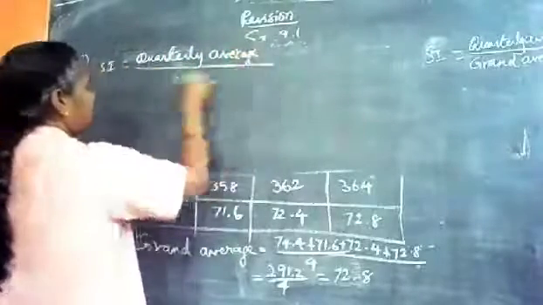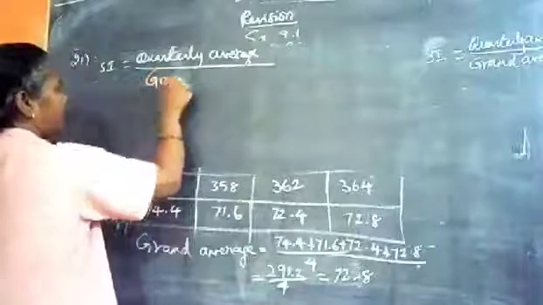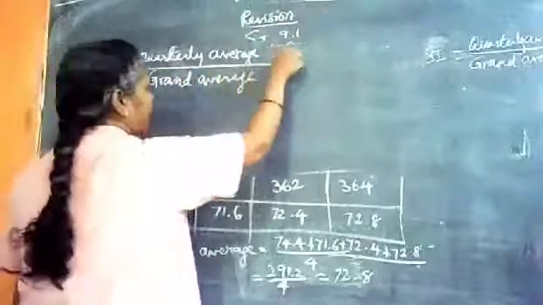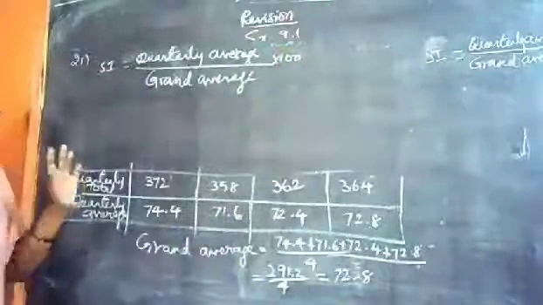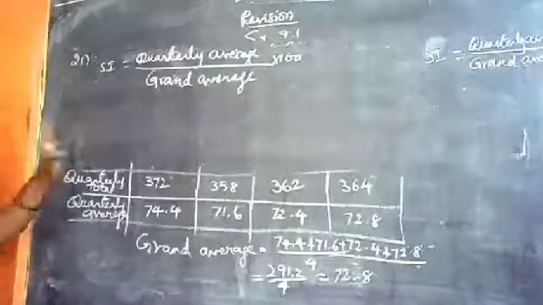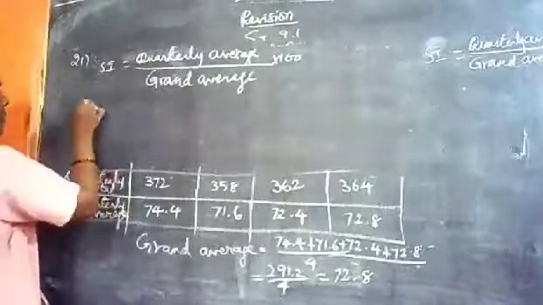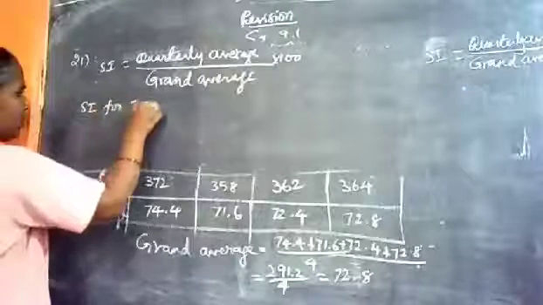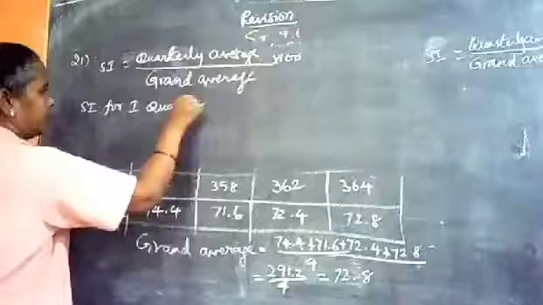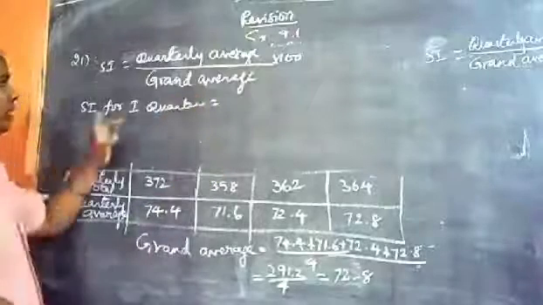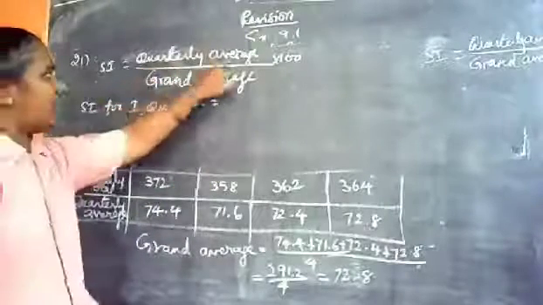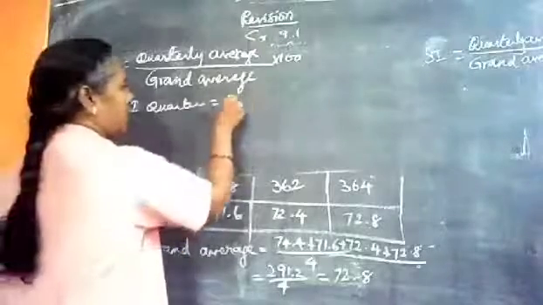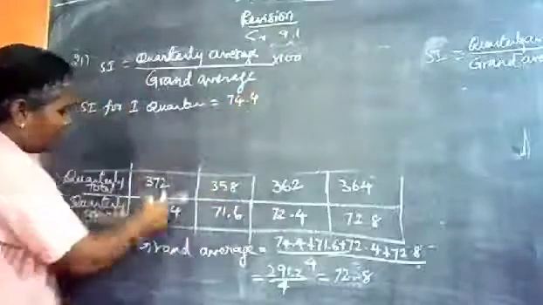Quarterly average divided by grand average into 100. First, write the formula legibly without any confusion. Then we are going to find the seasonal index for the first quarter. Now we need the first quarter average, 74.4.